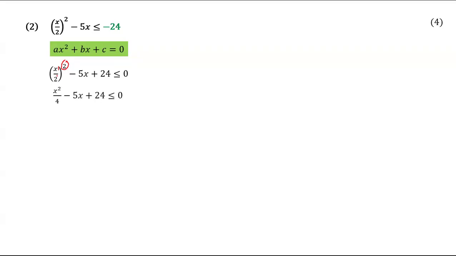The problem is the denominator now, because we want to factorize, but we can't do that because of the denominator. I know most of you will be told to multiply everything by 4. And probably some of you don't understand why you have to do that. Well, it comes from what you learned in grade 8. When you add fractions, it needs to be fractions.